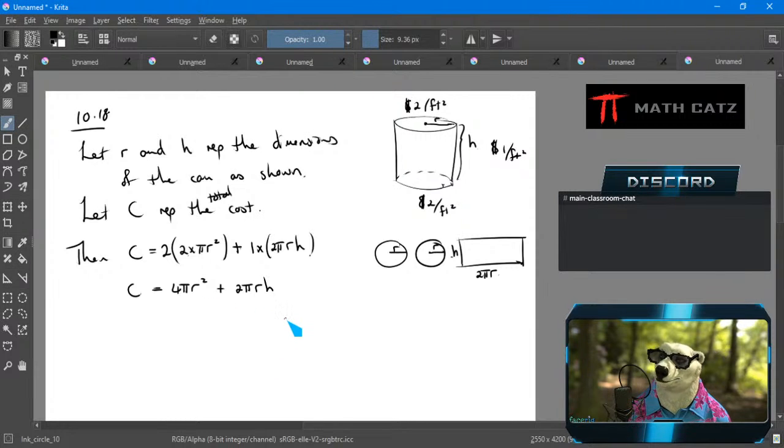Now they're a little bit more mixed, but I still see that the cost function right now depends on both the radius variable and the height variable. So I'm a little stuck, but they give me more information. Extra information is that I have to have a volume that is 16.